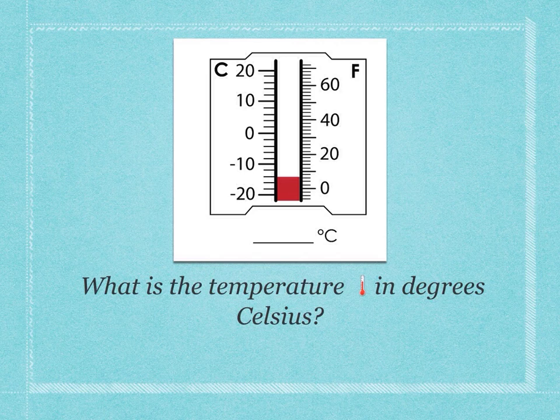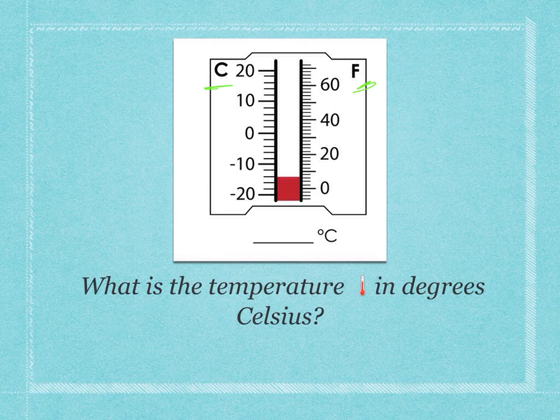This first question is asking us to read the thermometer and figure out the temperature in degrees Celsius. If you look at this thermometer, you're going to see that there's a little F up in this corner, and there's a C over here. The F stands for Fahrenheit, and the C stands for Celsius.